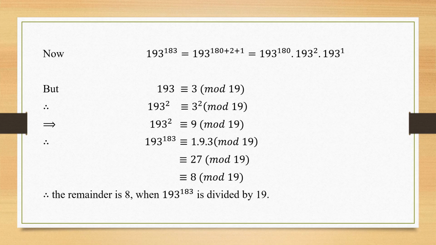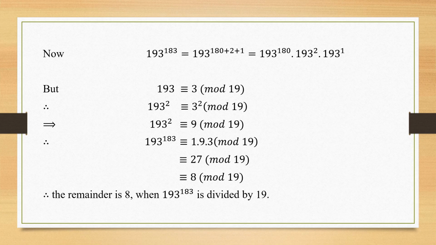So 193 raised to the power of 1 is congruent to 3 mod 19. This is my remainder. Now I raise this to the power of 2: 193 raised to the power of 2, and in the same way on the right hand side, 3 raised to the power of 2, which is 3 square, is 9.